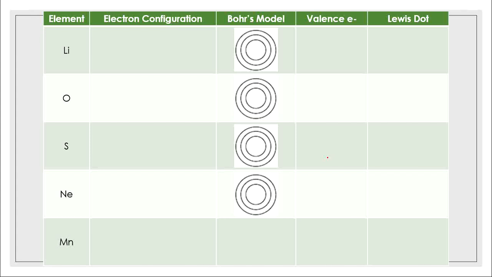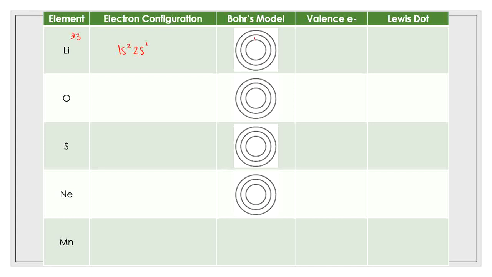So let's try some examples. Let's start with the electron configuration of lithium. Lithium is atomic number 3. Lithium's electron configuration is 1s2, 2s1. Now we use Bohr's model, or the planetary model, to help us see where the electrons are on each level, but you will not be tested on Bohr's model.